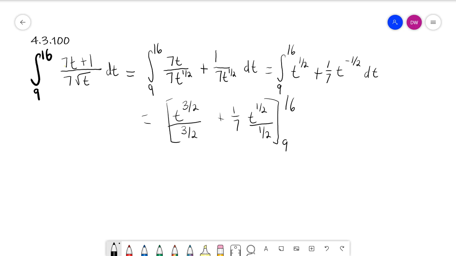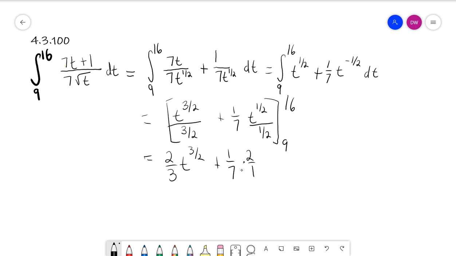Okay, so just doing a little bit of cleaning up. Whenever we divide by a fraction, it's the same as flipping it and multiplying. So instead of divided by 3/2, I can say times 2/3. So there's my first term simplified. And then 1/7, instead of divided by 1/2, I can say times 2 over 1.